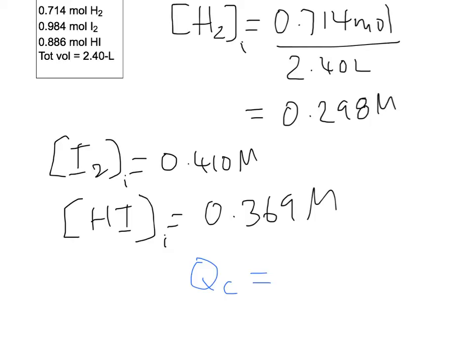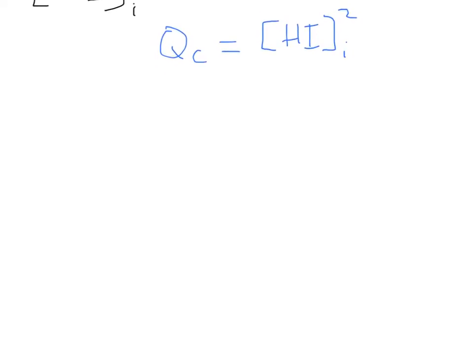And so Qc is basically a test to see if we're at equilibrium. And if we're not at equilibrium, we can go ahead and calculate which direction things are going to shift. To form Q, you basically just take the expression for K, and instead of using the equilibrium values, you use the instantaneous values.